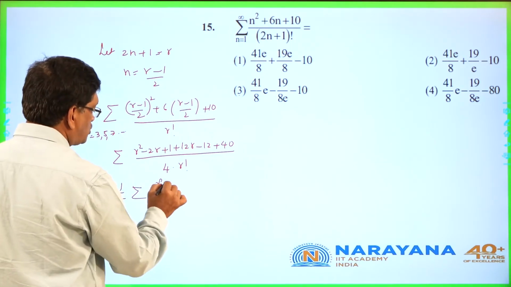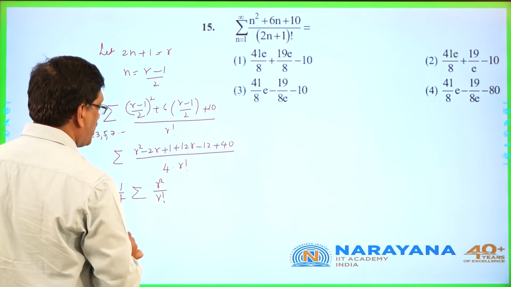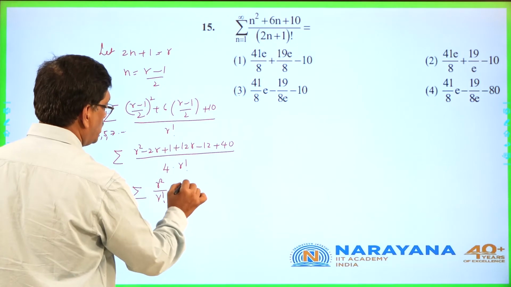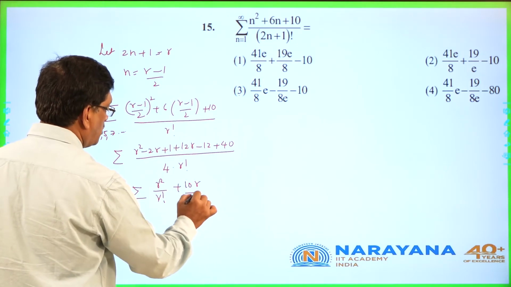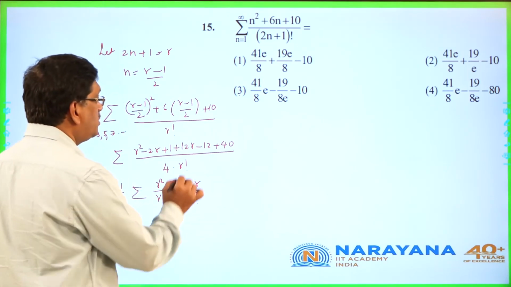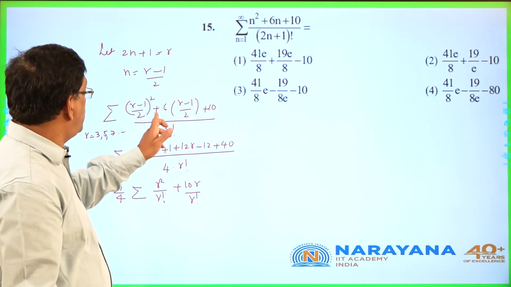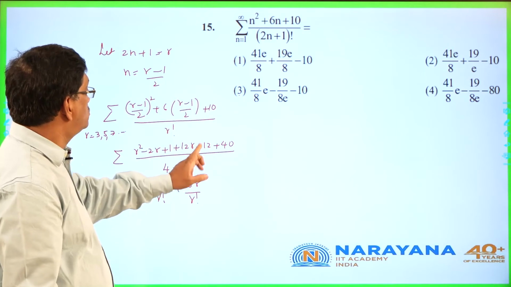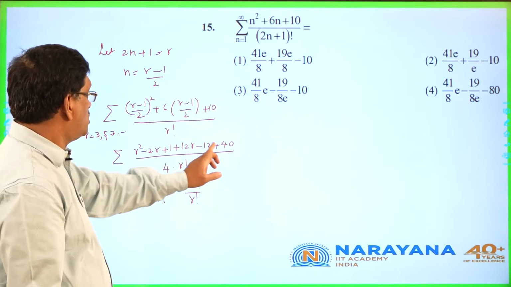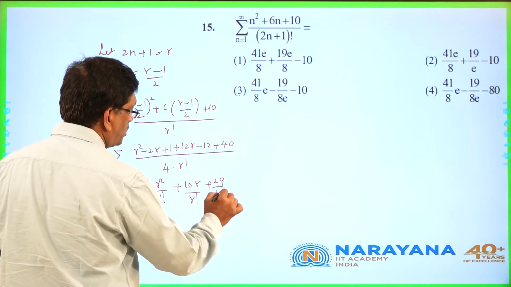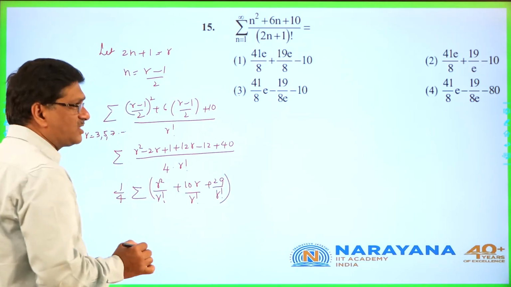It is r square by r factorial minus 10r by r factorial... next 40. Here it is 1. Here it is 12. Right? Here it is 40. 40, 28, 29. It is 29 by r factorial.